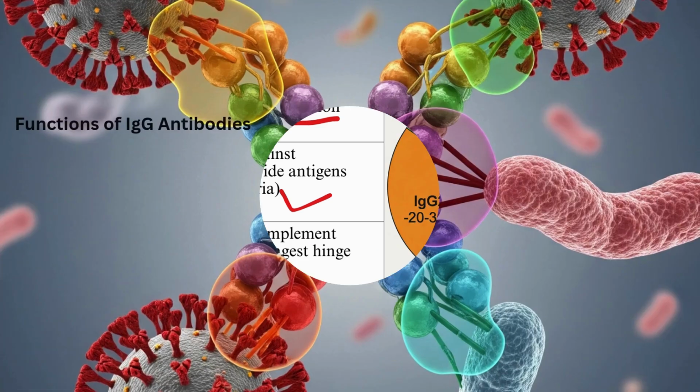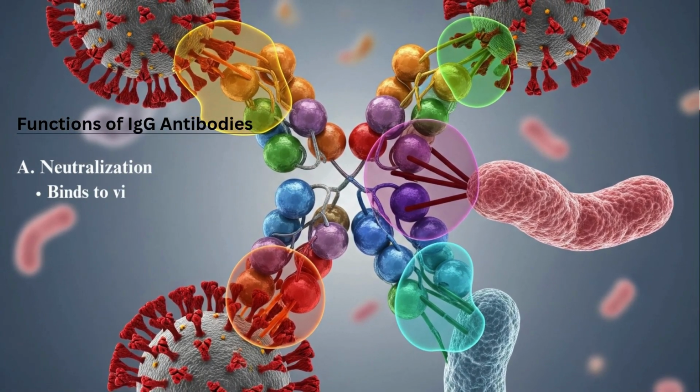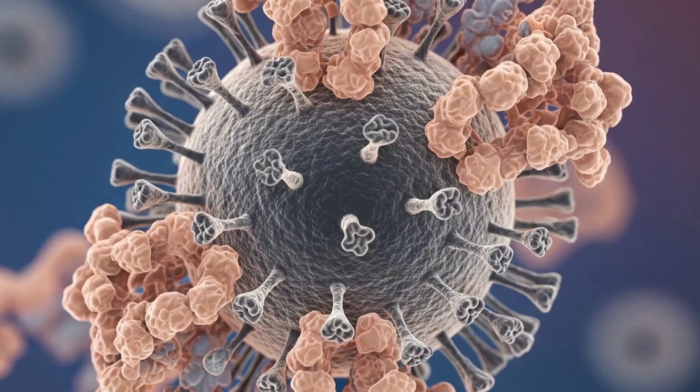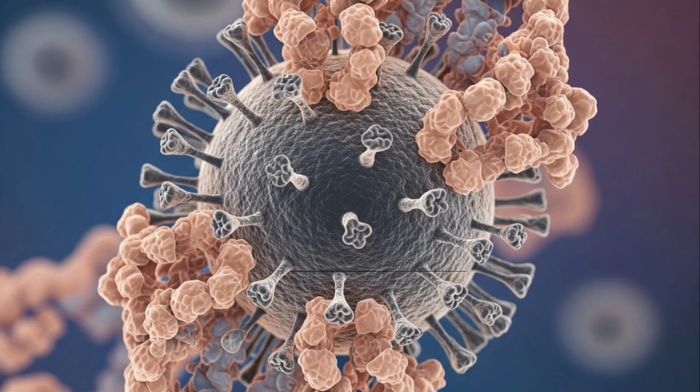Functions of IgG antibodies: neutralization. IgG antibodies bind to viruses, toxins and bacteria, blocking their ability to infect the cells and cause harm. The second function is how the antibody destroys the pathogen, by a simple process called opsonization.